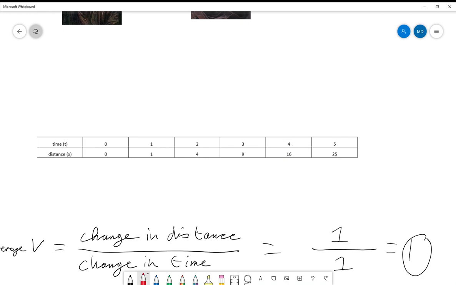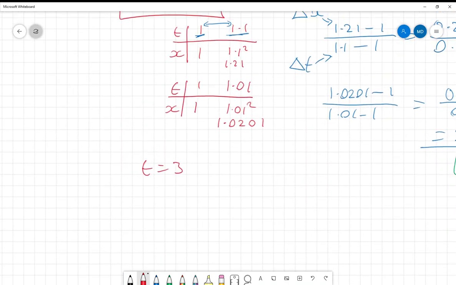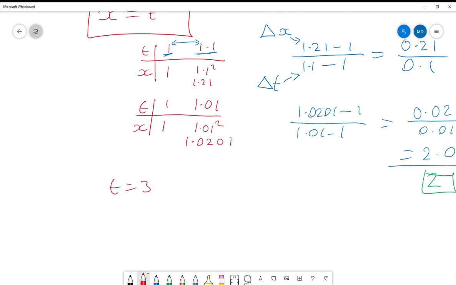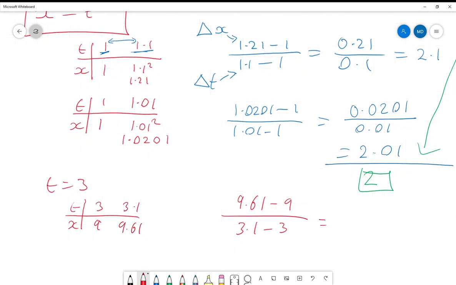So we get closer to 3, and we're going to start trying things like t and x, going from 3 to 3.1, which will give us 9 when we square 3, and 3.1 squared is going to be 9.61. Working that out, we get 9.61 subtract 9 all over 3.1 subtract 3, which is 0.61 over 0.1, which gives us 6.1.